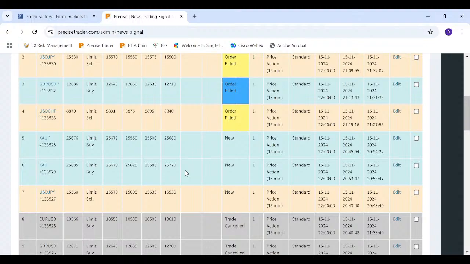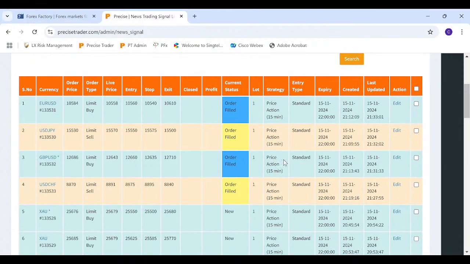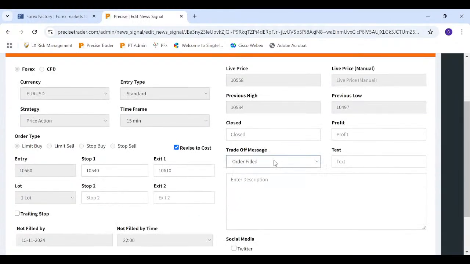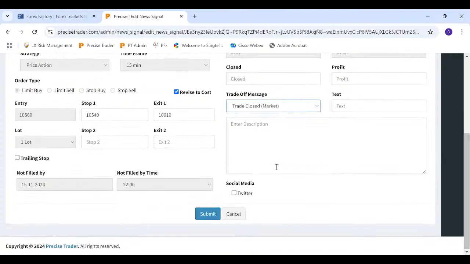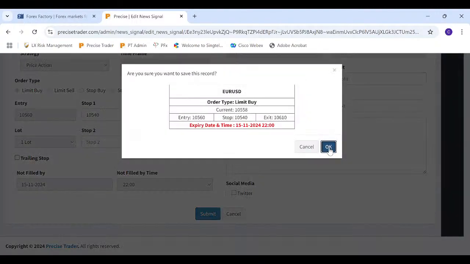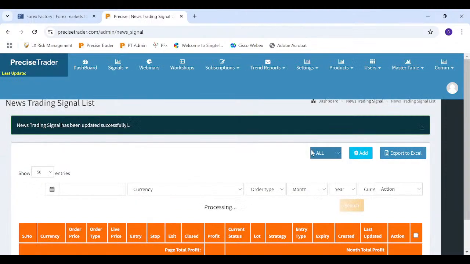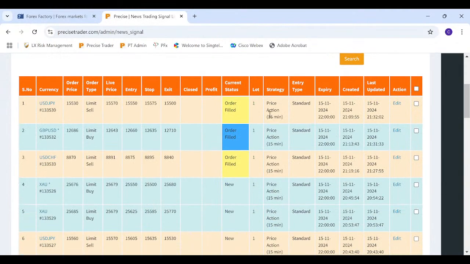Okay, the gold is filled. This euro, I think you try to close at market, the buying order. So we'll try to reduce it, so at least we don't take too much risk. So we hold dollar yen. The gold was filled.